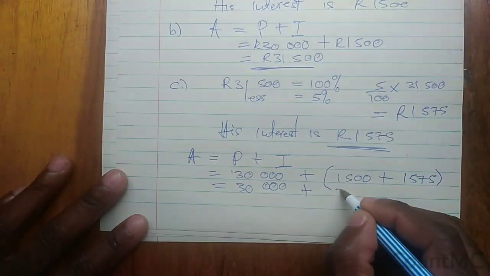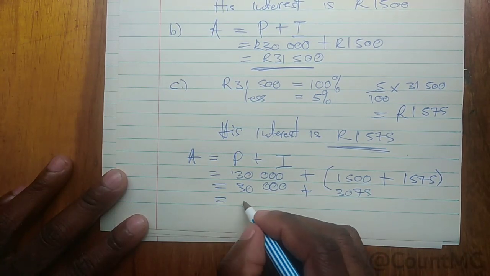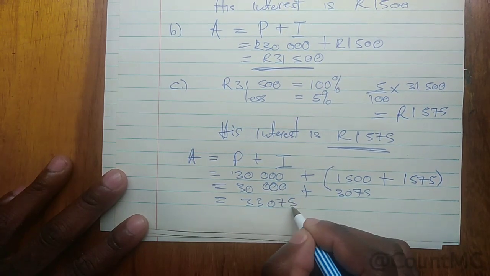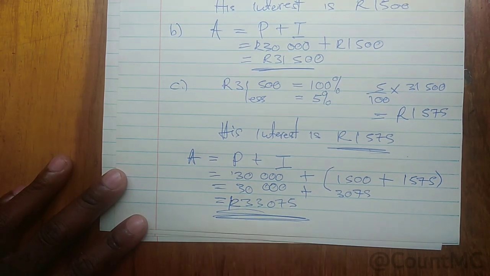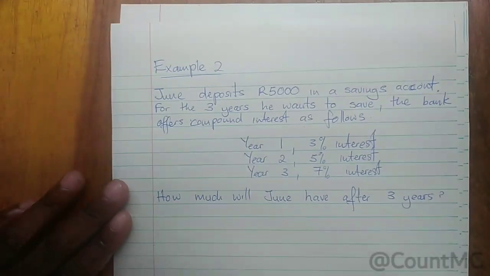So this is 30,000 plus 3,075. This will be 33,075. So after 2 years, he has a total of 33,075 rands. Okay, let's finish up with this.